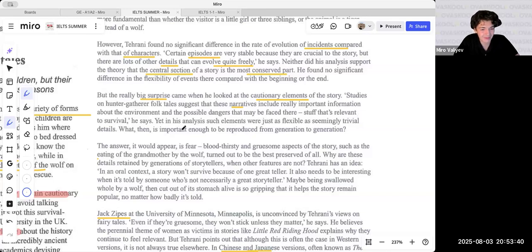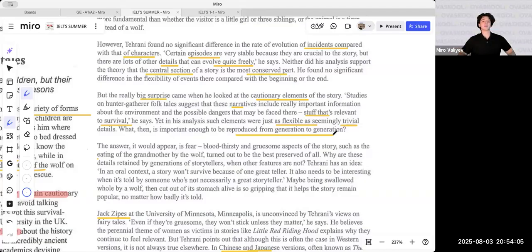Stuff that is relevant to survival. Yet, in his analysis, such elements were just as flexible as seemingly trivial, unimportant details. What then is important enough to be reproduced from generation to generation?